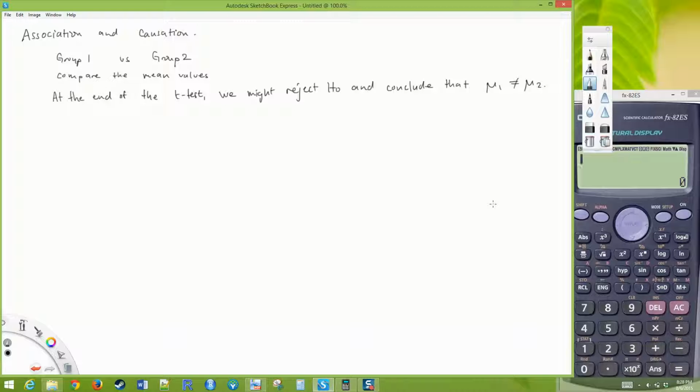and we might be tempted to say that group 1 is doing this thing and group 2 is doing this other thing, and that's the reason why they are different, okay? But we should not say that, okay?